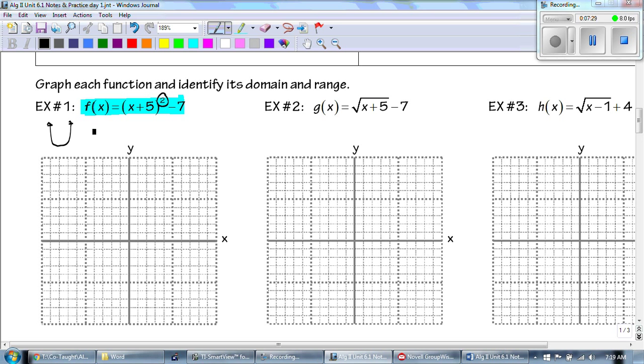Because I'm talking about a parabola, my vertex is -5, -7. I go up 1, over 1 in both directions, and then up 4, over 2. Oh, that's not up 4, Mr. Grice. Go up 1 more. Up 4, over 2.